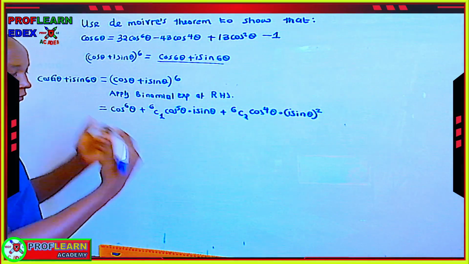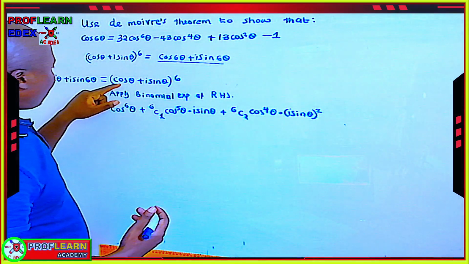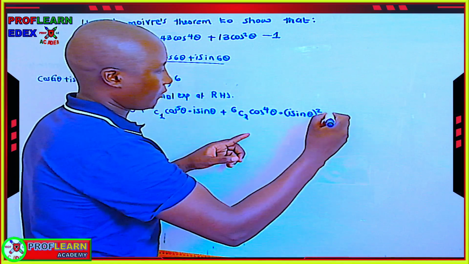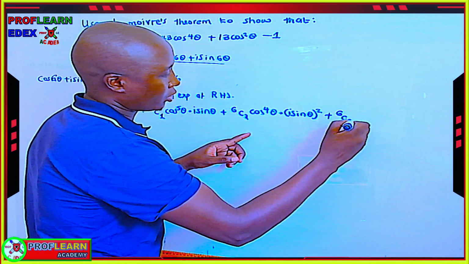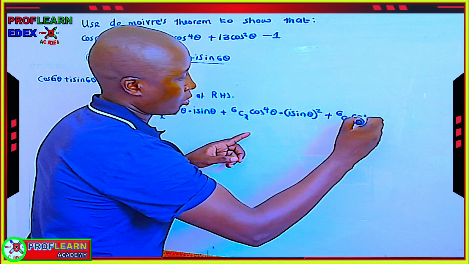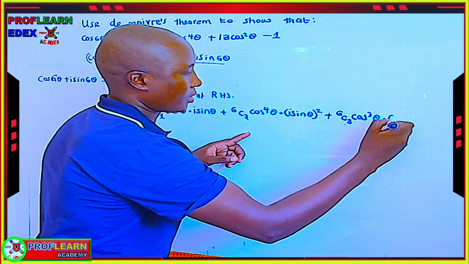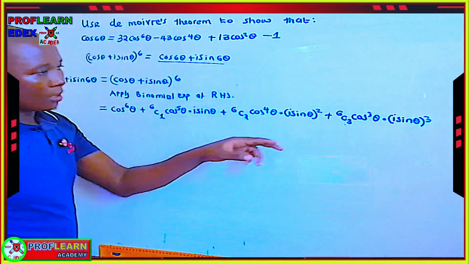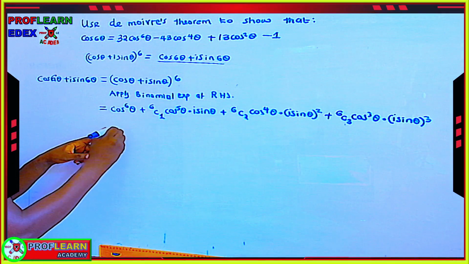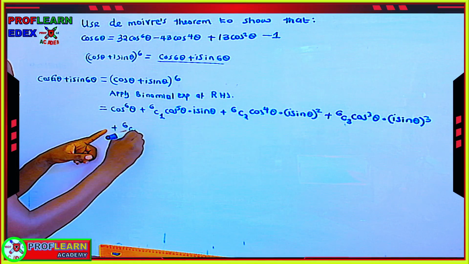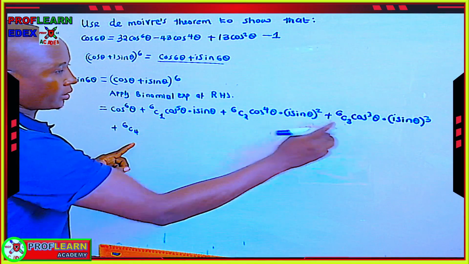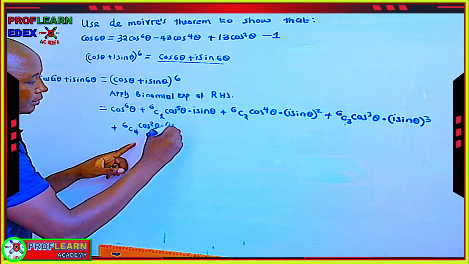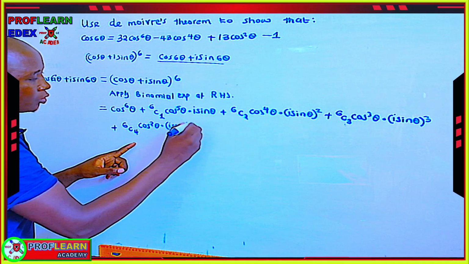So you realize that whenever you are applying binomial expansion, the power of this decreases as the power of this increases. So we shall have the fourth term being 6 combination 3, cos^3 θ times (i sin θ)^3. After this, we have the next term, plus 6 combination 4, cos^2 θ times (i sin θ) raised to power 4.